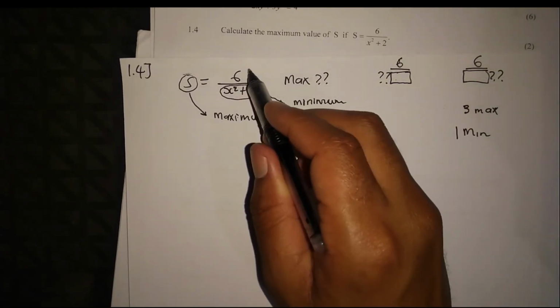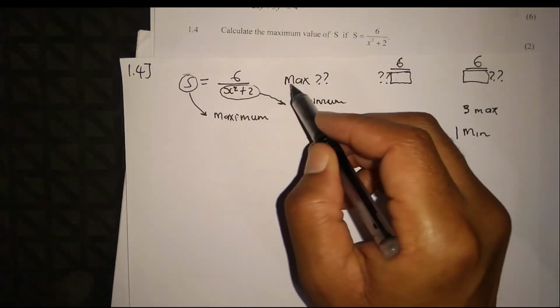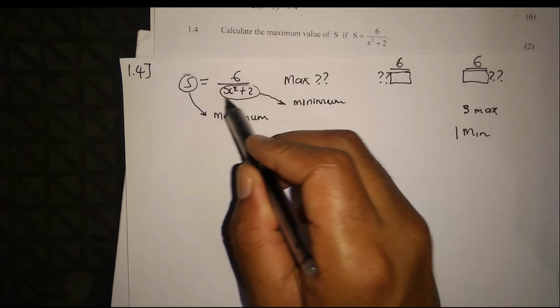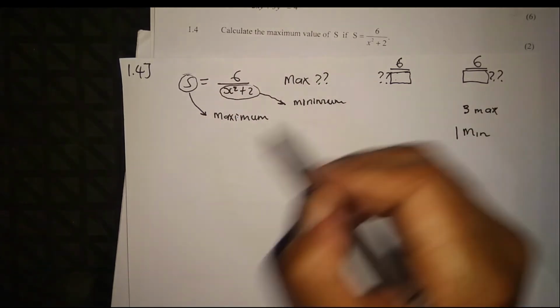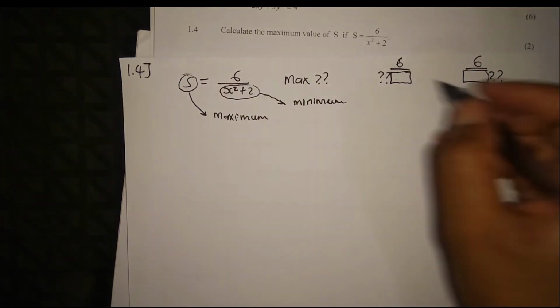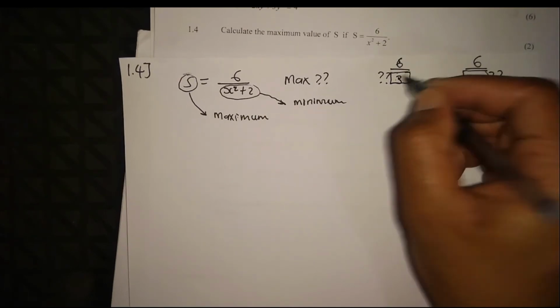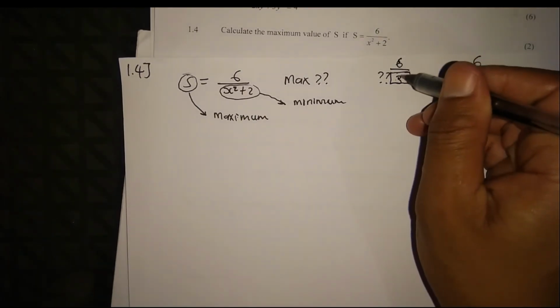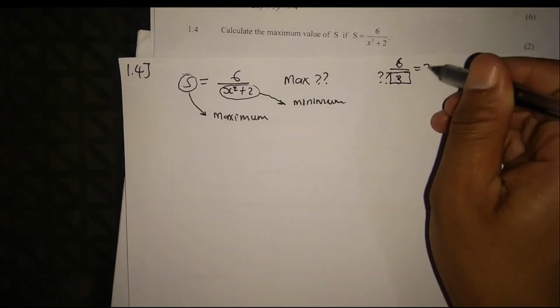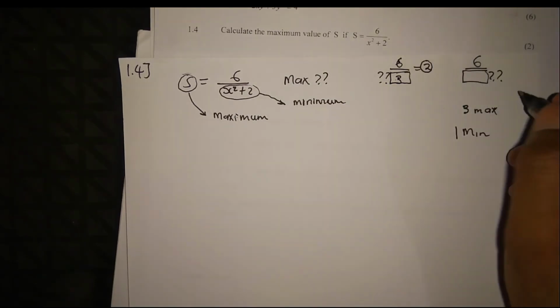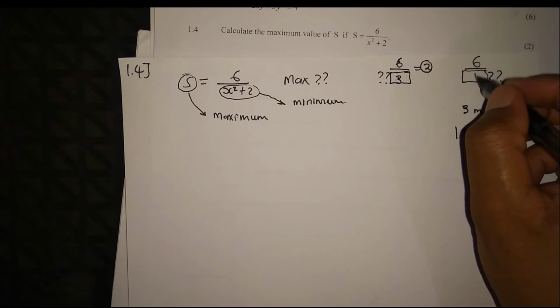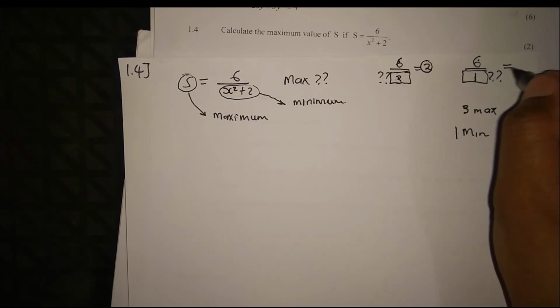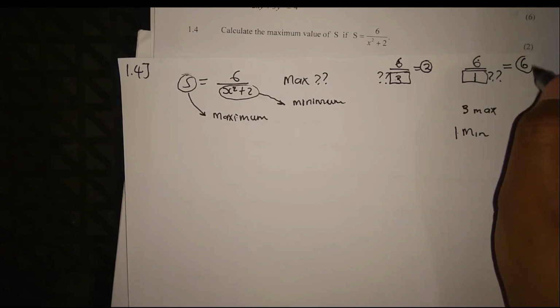So therefore this is at a maximum only and only if the denominator is at a minimum. Let's start with the maximum first: 6 divided by 3 is equal to 2. Divide by the minimum now: 6 divided by 1 is equal to 6.